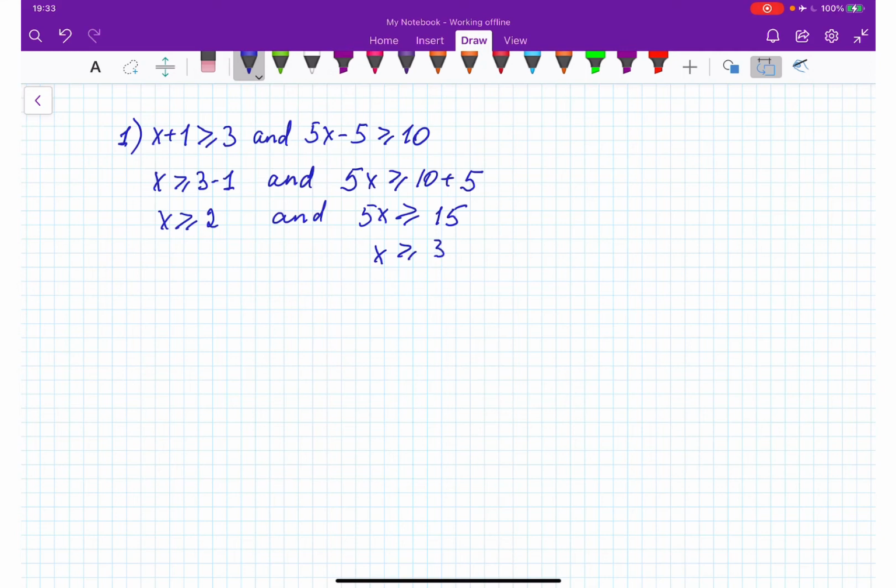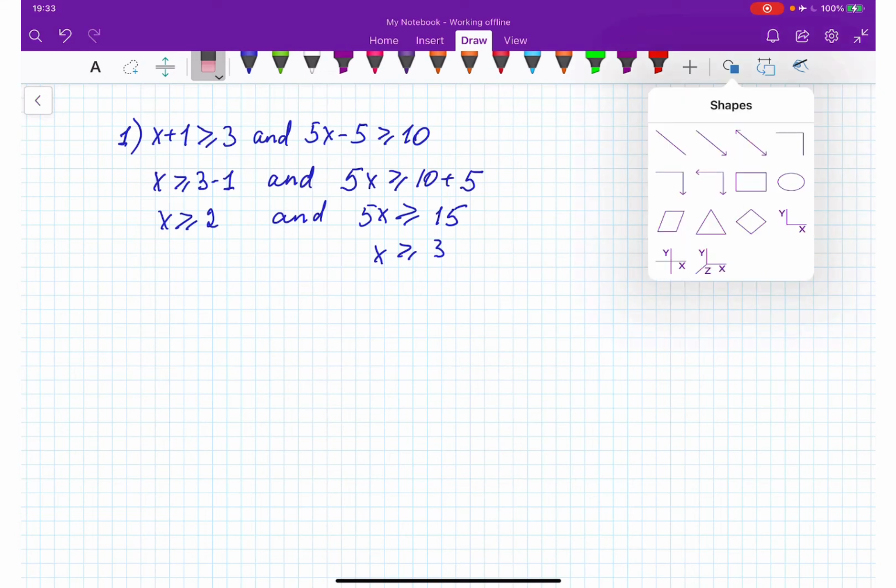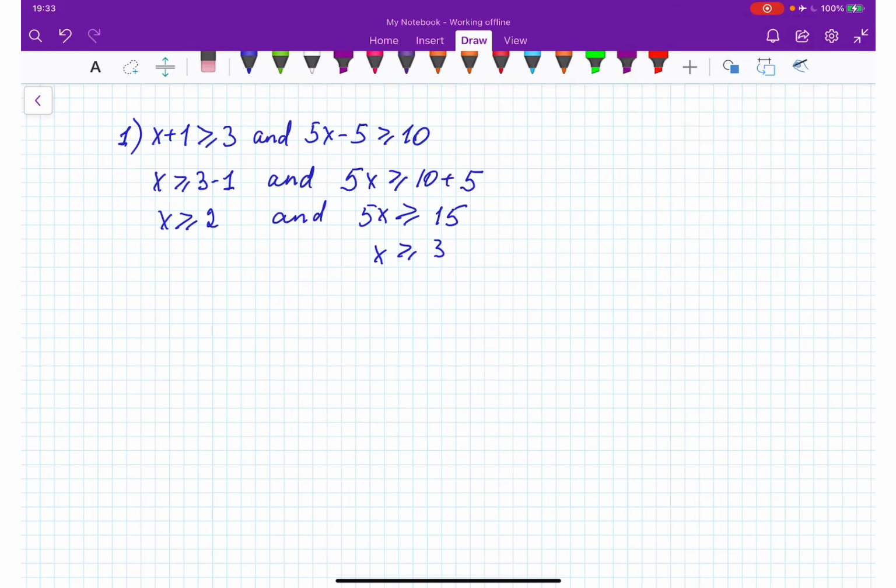Now, if we use this graphing notation, so if this is 2, and this is 3, so greater or equal 2 comes this way, right?